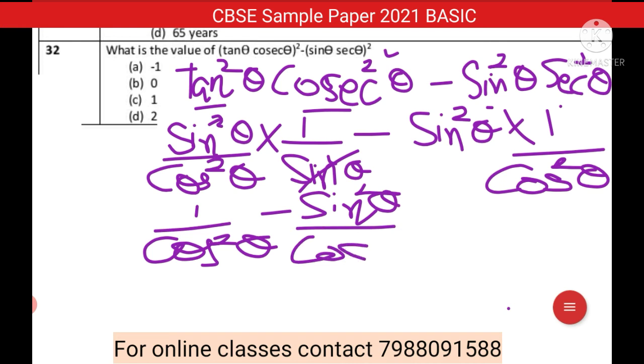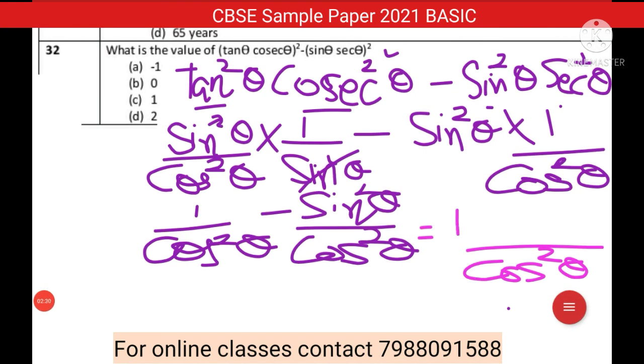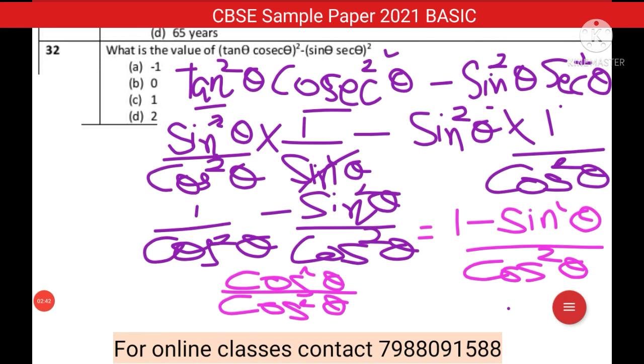Now in both of their denominator there is cos square theta. So I can take LCM as cos square theta. In the numerator I have 1 minus sine square theta, and we know that formula for 1 minus sine square theta is cos square theta. So I get cos square theta by cos square theta, which on cancellation gives me 1. Hence C is the correct option.